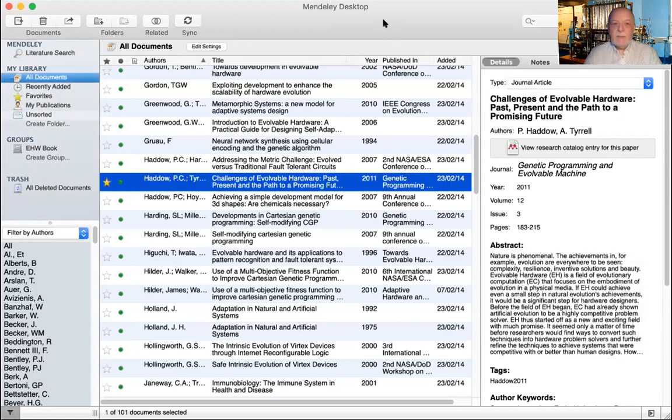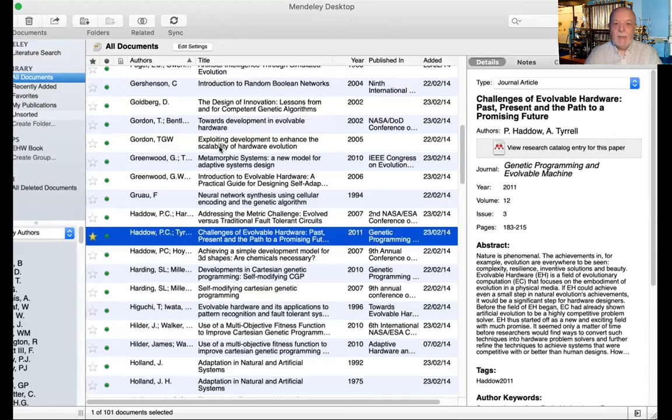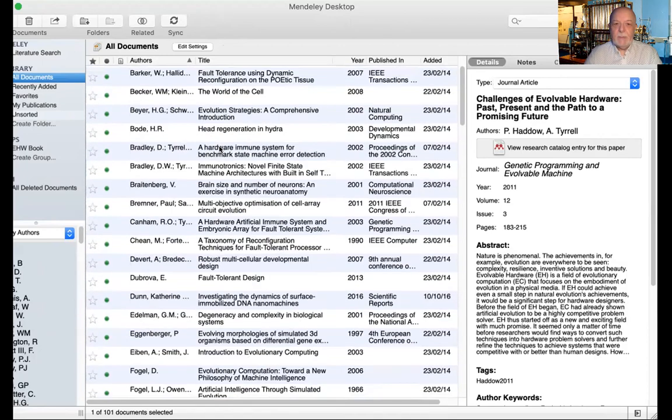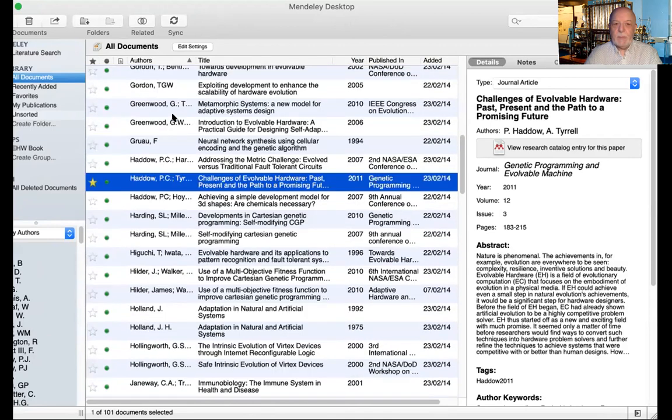This happens to be my Mendeley document. This is what we call a citation manager. What you'll see here is lots of papers, and you've got authors, titles, year, published in, when it was added, etc. I'll pick on one here, by an author called Hadow.